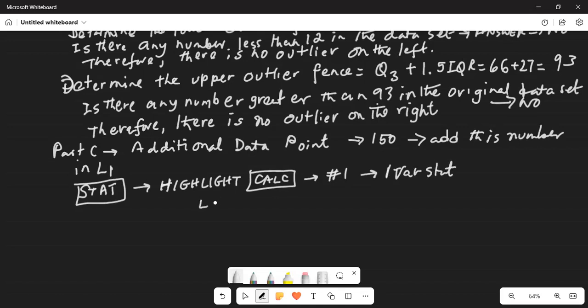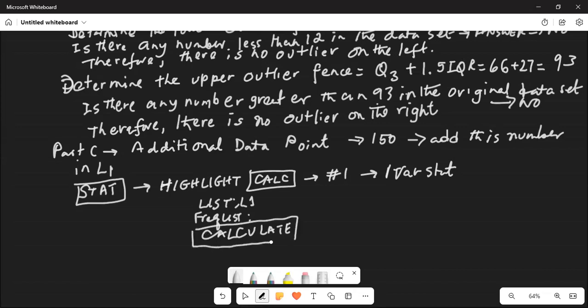List is L1, frequency list is empty, and then we calculate. Put the cursor on calculate and redo the calculation.